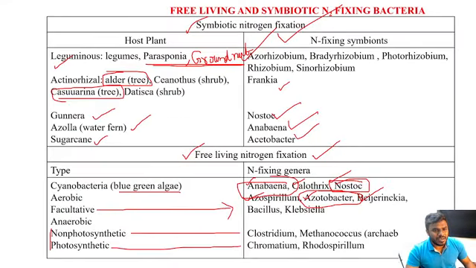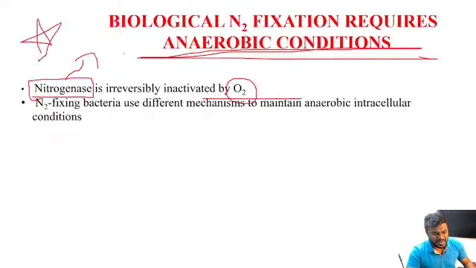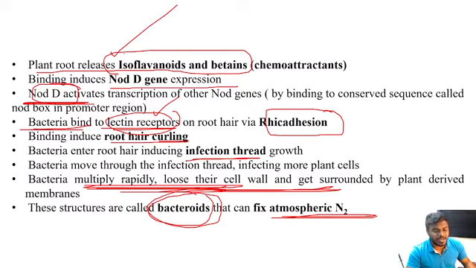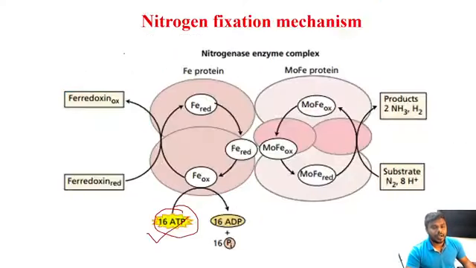I have given it right. Alnus also, and I did not mention anything differently. It is alder, the rubber tree. In the rubber tree also Frankia fixes nitrogen. It's not different. In the rubber tree also, alders are rubber. Okay, you got it.